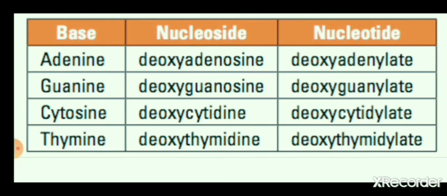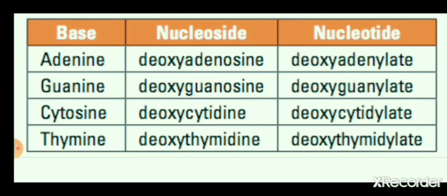Nitrogenous bases are of 4 types. We discussed that: adenine, guanine, cytosine and thymine are the nitrogenous bases for DNA. So the nitrogenous base and sugar, both of them collectively called a nucleoside, and when a nucleoside is attached with a phosphate ion or phosphate group, it is called a nucleotide.